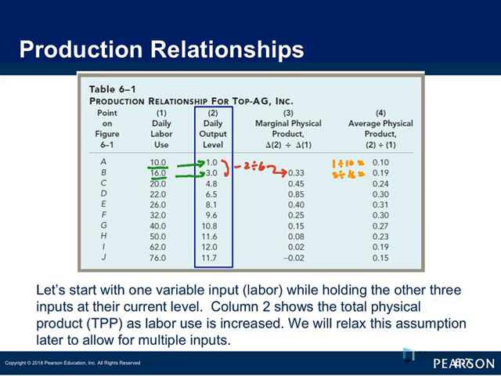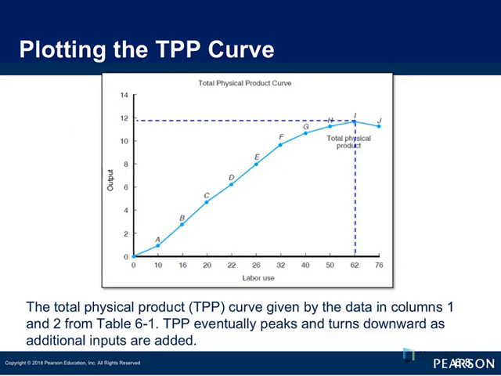When we look at the TPP, or the daily output level, on a graph it will look something like this. As we add in more labor, we brought in more and more people, we can see there's been a change in the total physical product. It's beginning to go up and up and up.